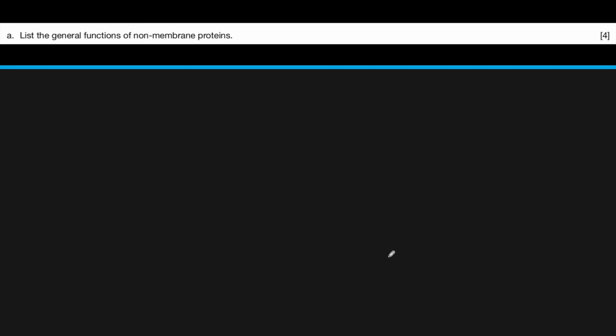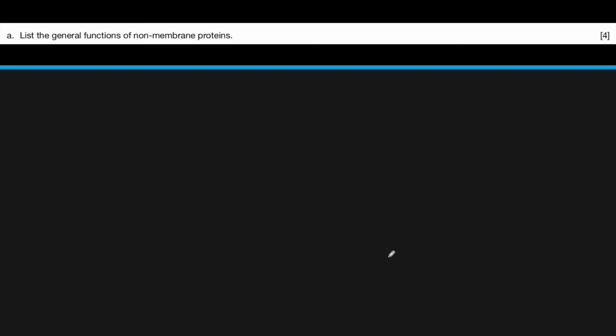So list 3 general functions of non-membrane proteins. This is getting back to that function. So you start thinking, what are some proteins we know? We know fibrin, which is blood clotting. So that's protection, structural. We know that rhodopsin, I'm sorry, I cannot pronounce it, is for light perception, or it's photoreceptors.